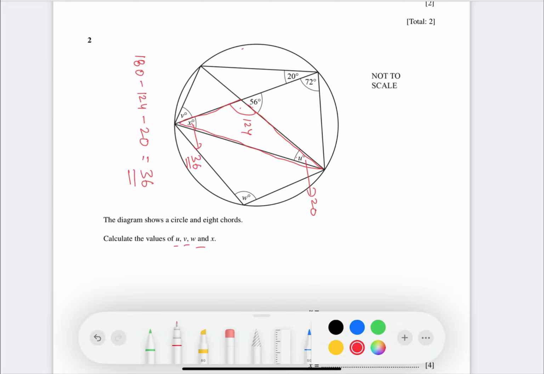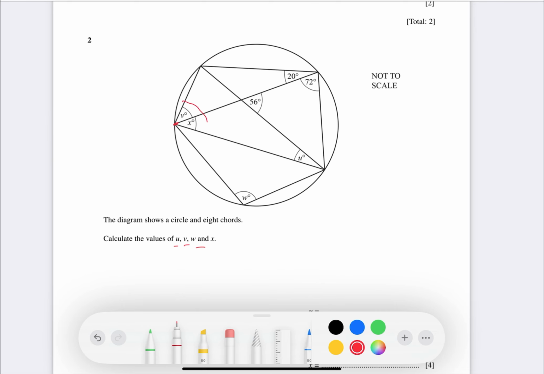Now, can we figure out v? Yes, we can do it. Repeat after me, we can do it. Yes, we can do it. All right. How can we calculate v now? We can calculate v because this is a cyclic quadrilateral. Look at the dots. I'm erasing this. This is a cyclic quadrilateral.